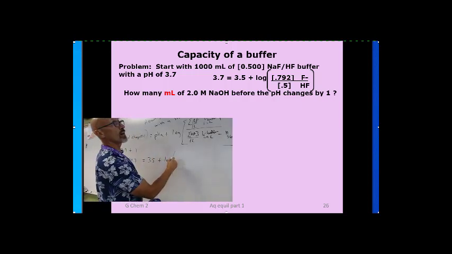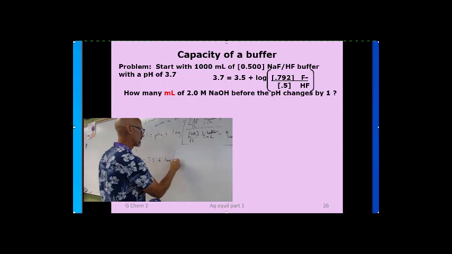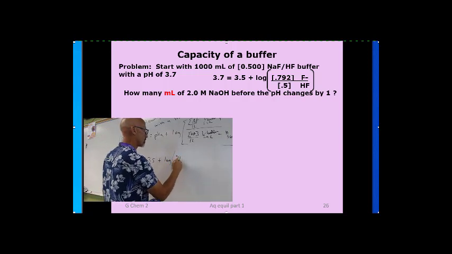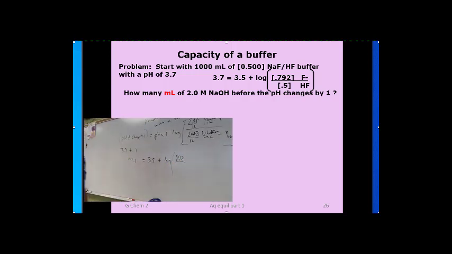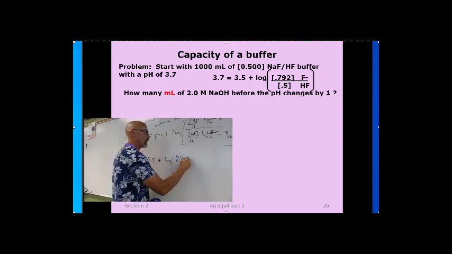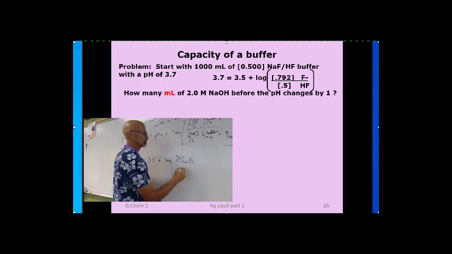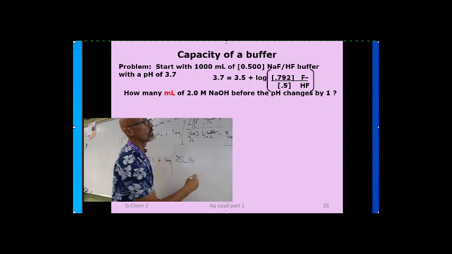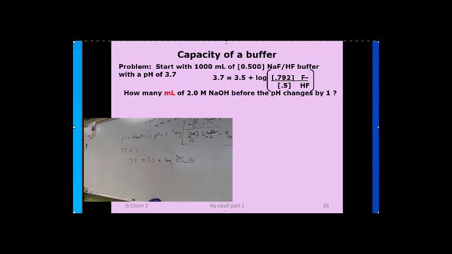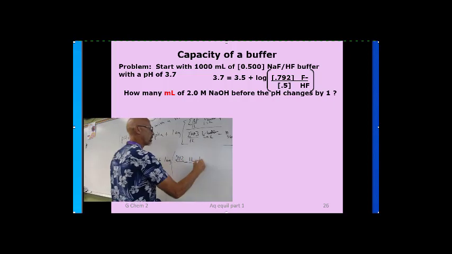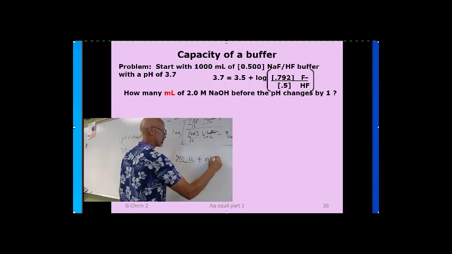It started off at 0.792. And how much of that stuff do I have? Happens to be a liter, which is great, because that just times 1. And then plus N, strong base.